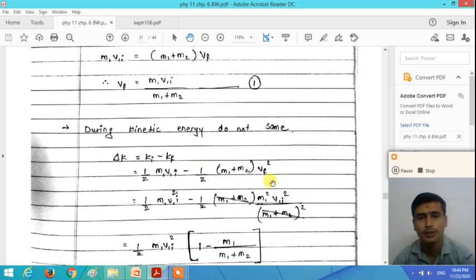Now put the final velocity Vf equal to m1 v1i divided by (m1 plus m2) in this equation. We get 1/2 m1 v1i square minus 1/2 (m1 plus m2) Vf square. Instead of Vf square, we place m1 square v1i square divided by (m1 plus m2) whole square. One (m1 plus m2) is cut out, and we get one (m1 plus m2).